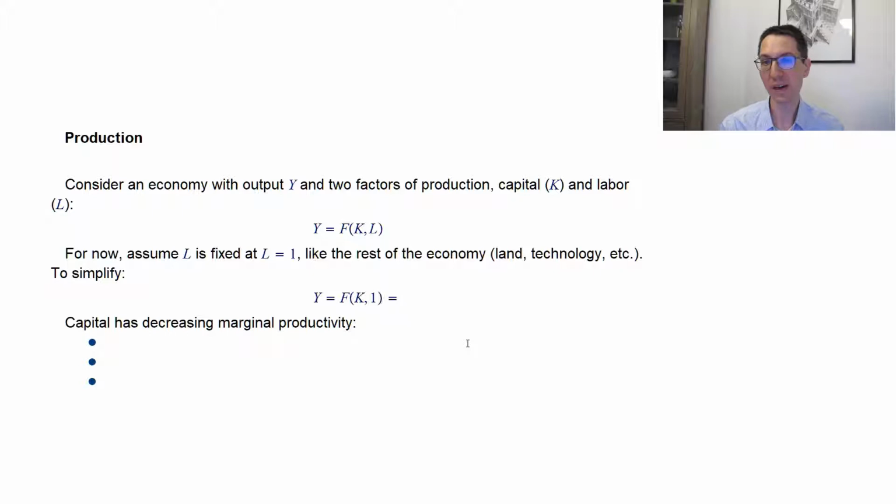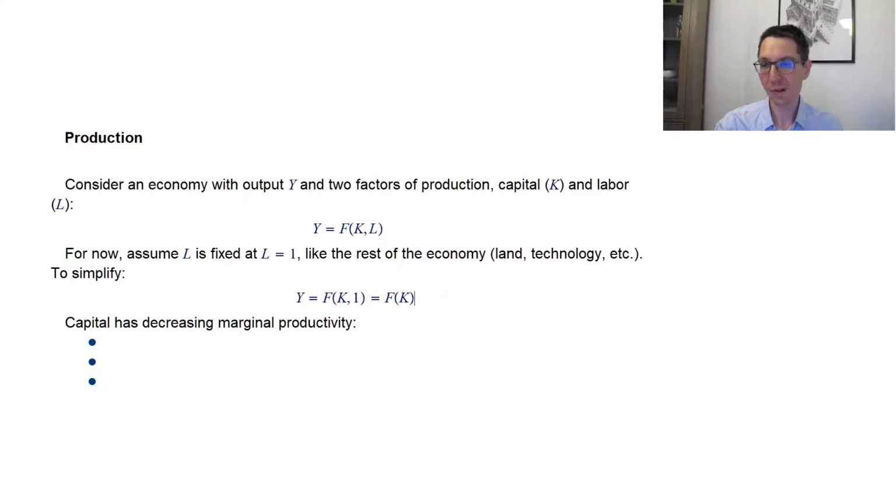And I can even abuse the notation more by just writing it as f of k. So where has the L gone? Well, the L is still there. Maybe I shouldn't use the exact same letter for f, but if we allow for this abuse of notation, we simply have to remember that the L is still there. But since it doesn't change, I don't have to care for it.